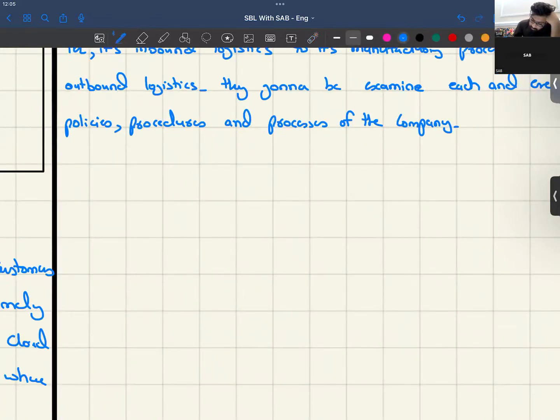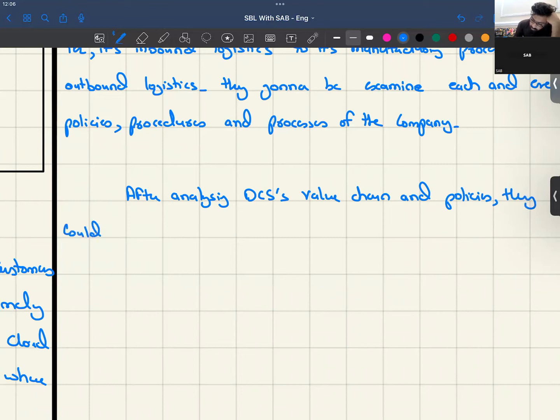Now, after analyzing what they are going to do, after analyzing DCS's value chain and policies, they could advise these consultants. Using "they" in the first would not be appropriate.